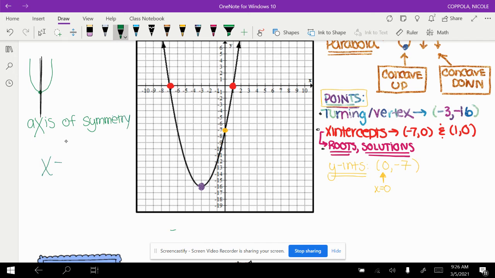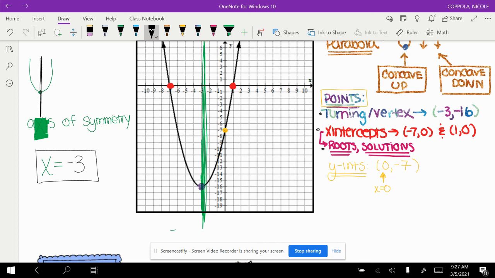And the equation is always x equals some number. So at what x value is this graph symmetrical about? So if I look at my vertex, I know I'm going to draw this line straight through my vertex. So the x value that my graph is symmetrical about is x equals -3. And so that is my axis of symmetry.